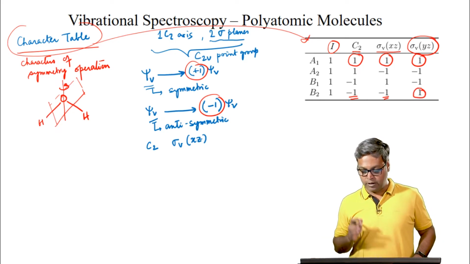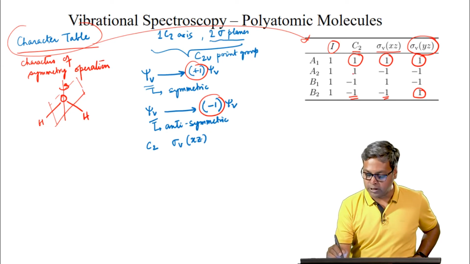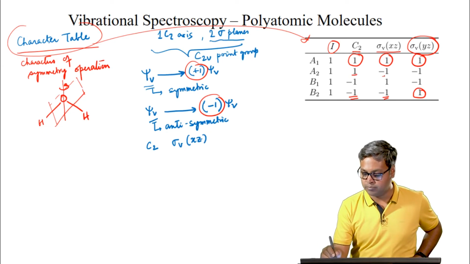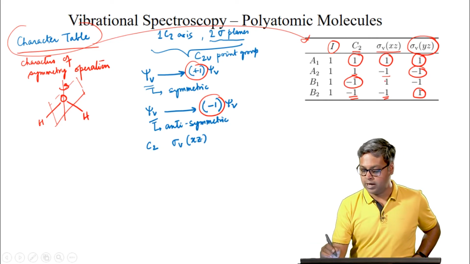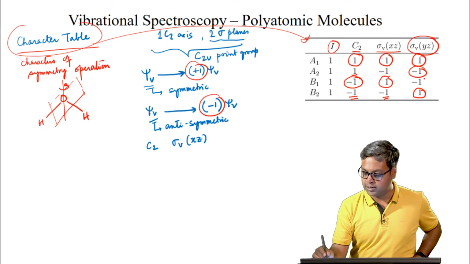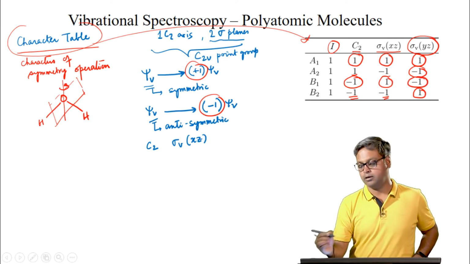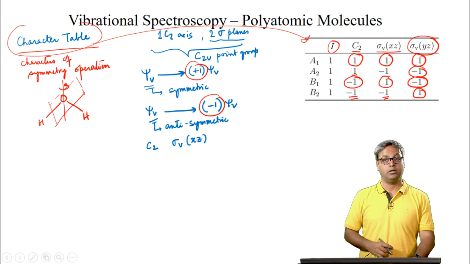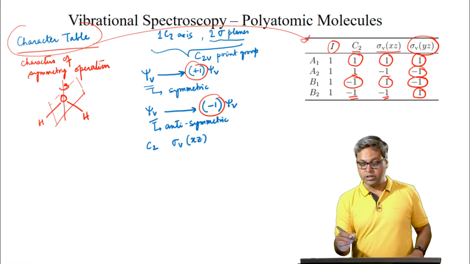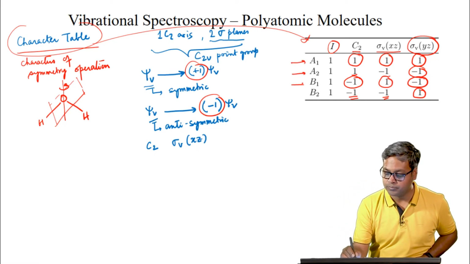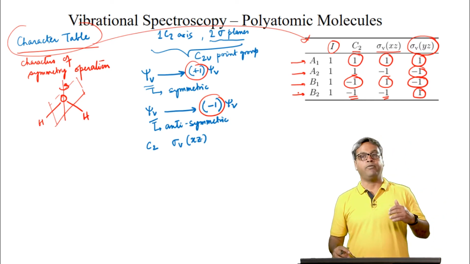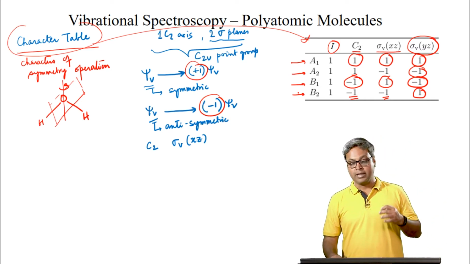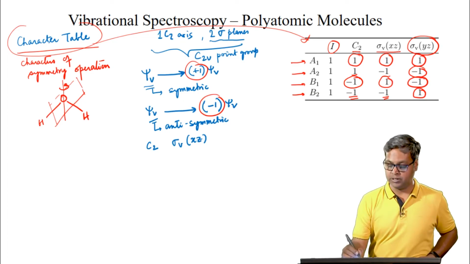However, when C2 is plus 1 and sigma v is minus 1, the product is minus 1, and also when C2 is minus 1 and sigma v is plus 1, then sigma v yz, the product is minus 1. So, each of these 4 rows of characters is called the irreducible representation.